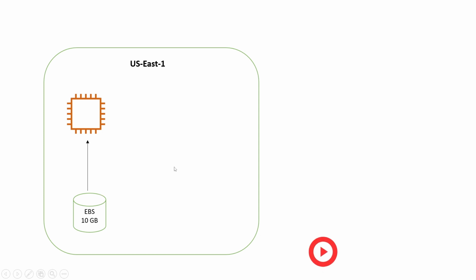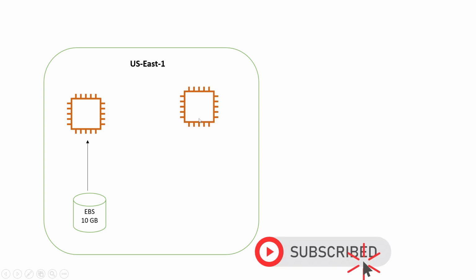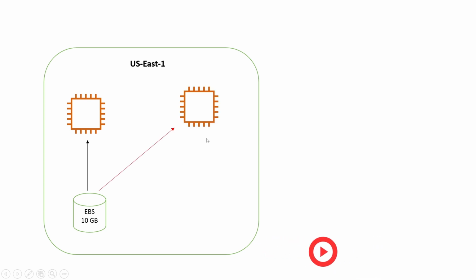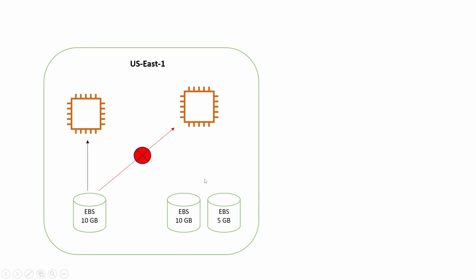Assume we have an EC2 instance in the US East 1 region and the below EBS gets attached to the above EC2 instance. Now assume we have one more EC2 instance in the same region. It is not possible to attach a single EBS to multiple EC2 instances at the same time. But multiple EBS volumes can be attached to a single EC2 instance.